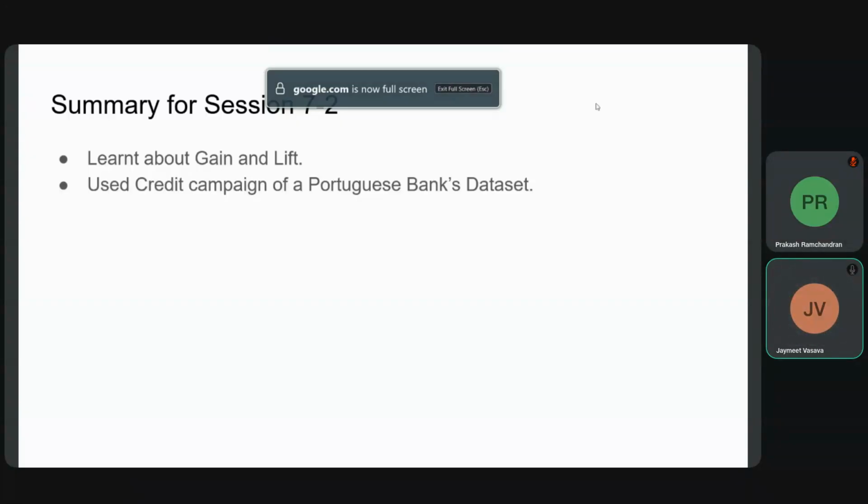So this was a quick introduction to the gain and lift charts, and we used a use case of the Portuguese banking institution in order to understand and gain insights regarding that. So thank you.